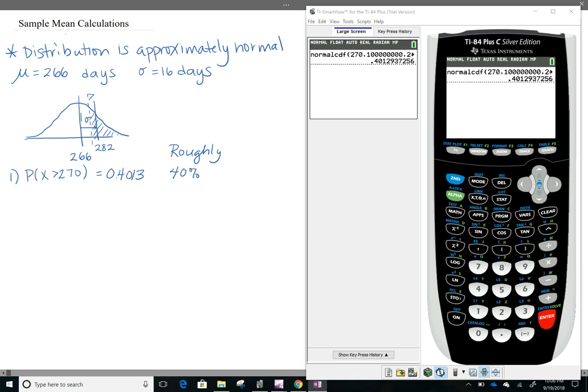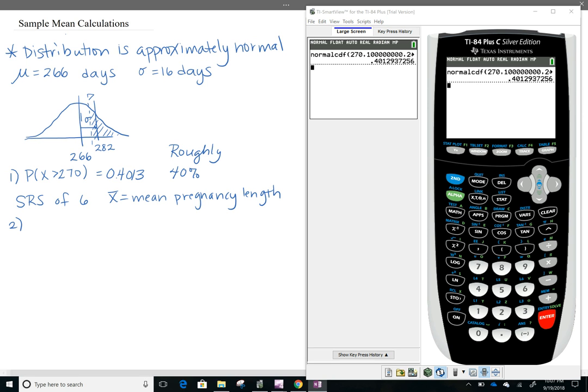Now let's say I choose a sample. I choose an SRS of 6 pregnant women. So I have an SRS of 6, and X bar is going to be the mean pregnancy length from the sample. My next question is, what is the mean of the sampling distribution?